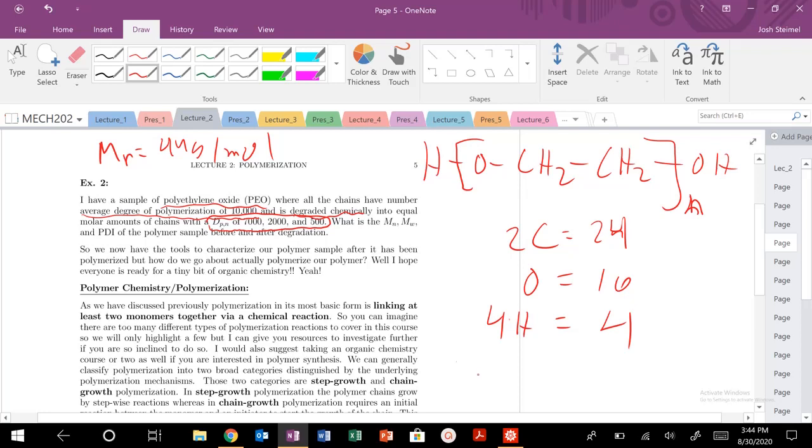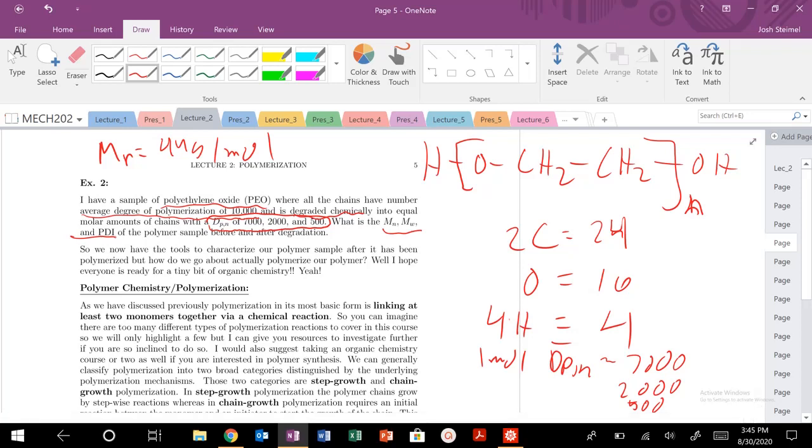You could think of it as 3 different moles, equal molar amounts. So 1 mole that has DPN of 7,000, then 2,000, and 500. We need to calculate M sub N, M sub W, and PDI for this polymer sample before and after degradation. So let's go ahead and get to it.